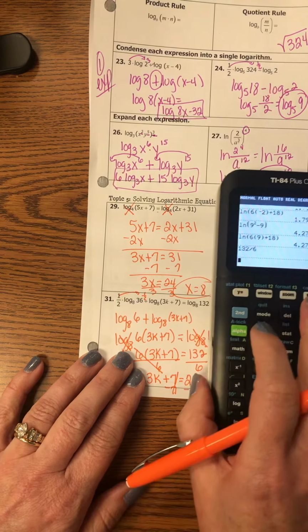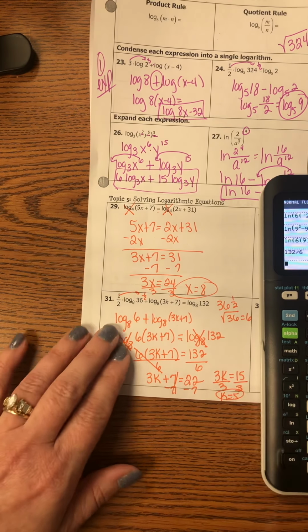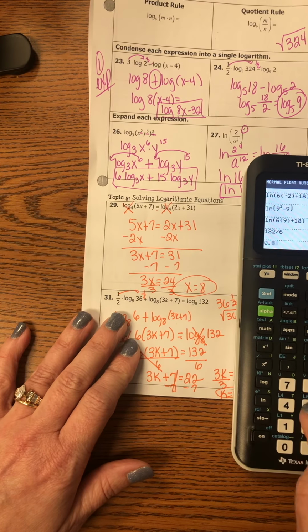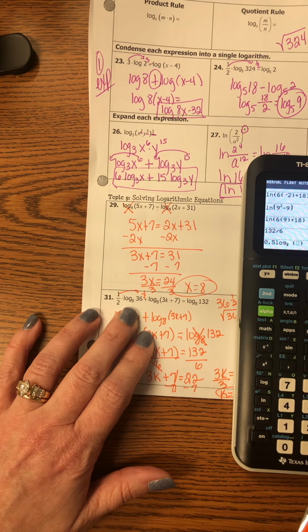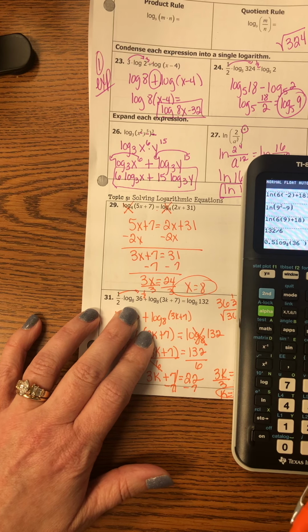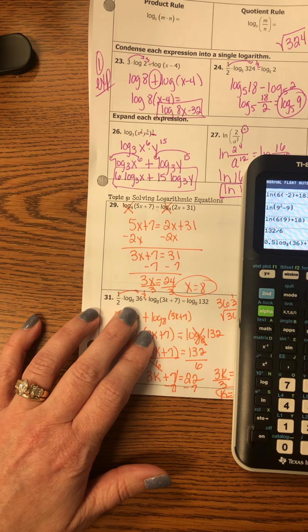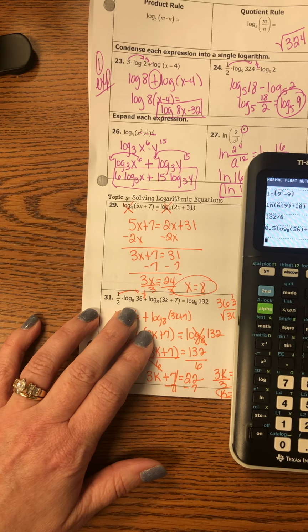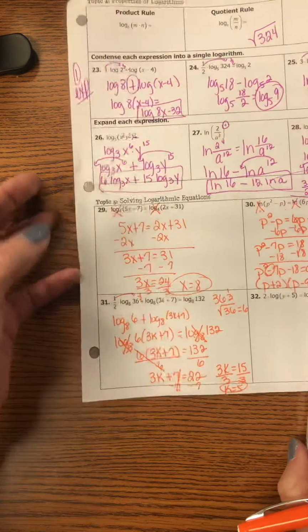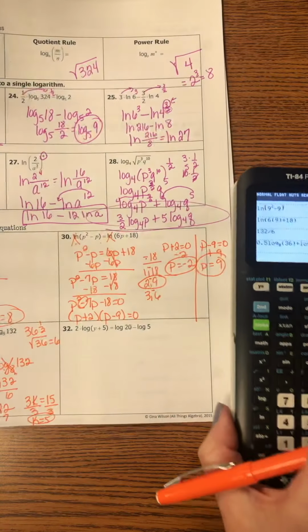All right, so we should be able to check this. Let's see if we have 1/2 times log base 8 of 36 plus log base 8 of 3 times 5 plus 7. Okay, and that works out beautifully. So k equals 5 is not an extraneous solution.